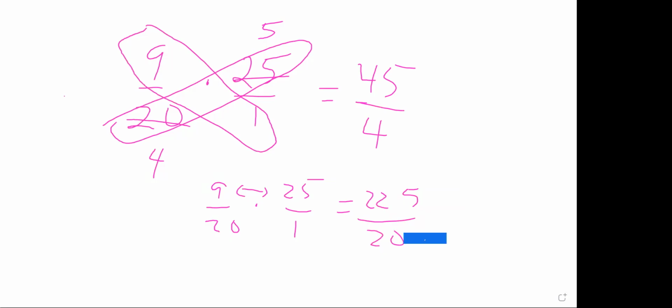And now you've got to find a way to reduce this. You could use a 5, 5, and then 5. This will give you 45. This will give you a 4. So you could also do that. But what I'm saying is that you're going to get bigger numbers, and you don't want to work with bigger numbers.